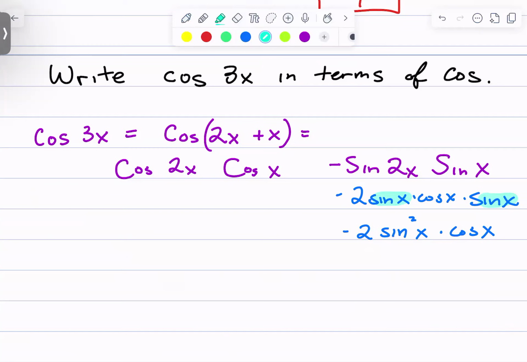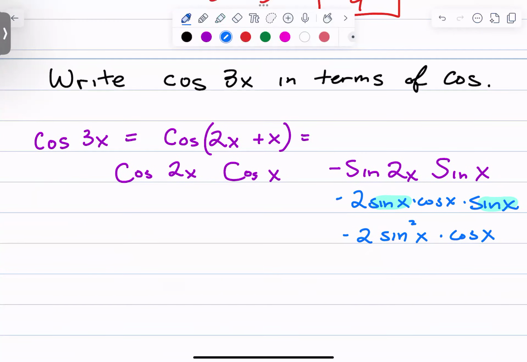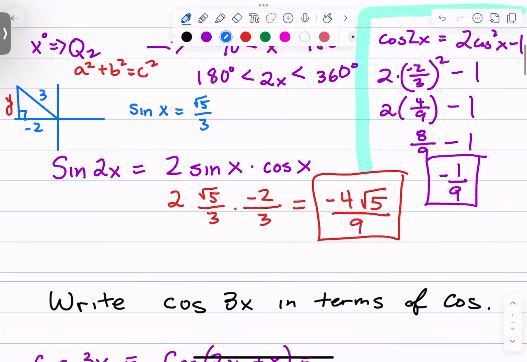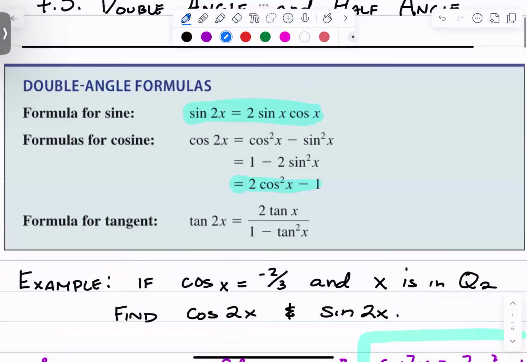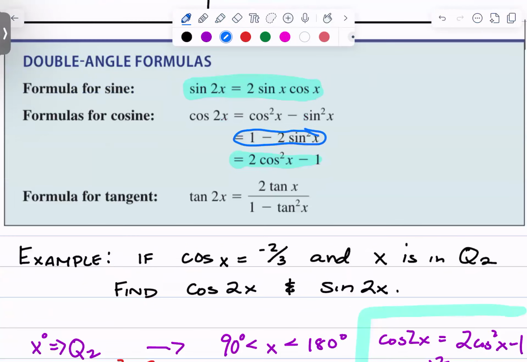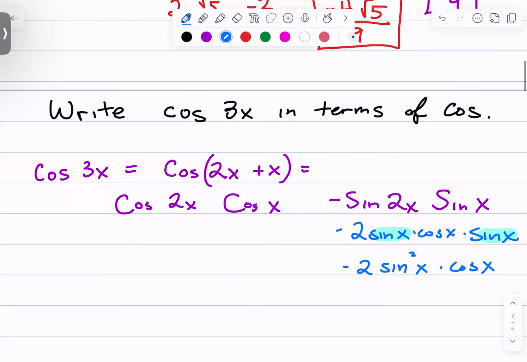Sine times sine is sine squared. Right? For the cosine of 2x, I'm going to use this one here: 1 minus 2 sine squared of x, times cosine of x.